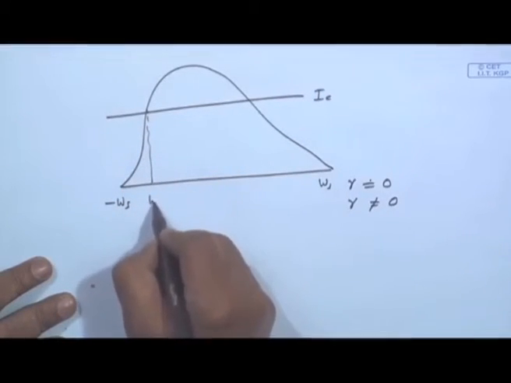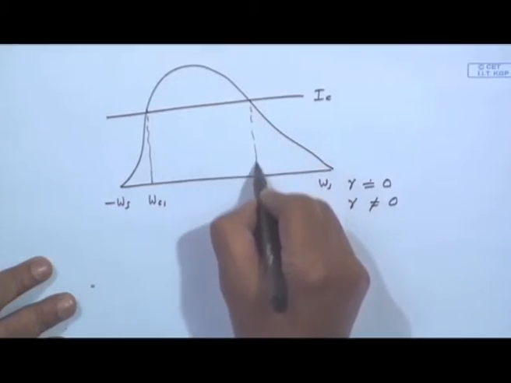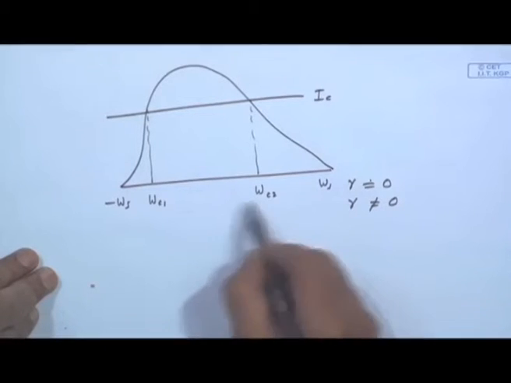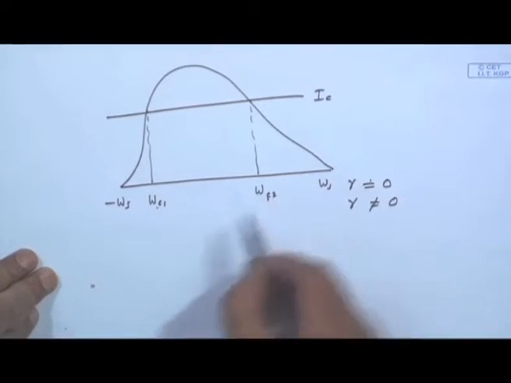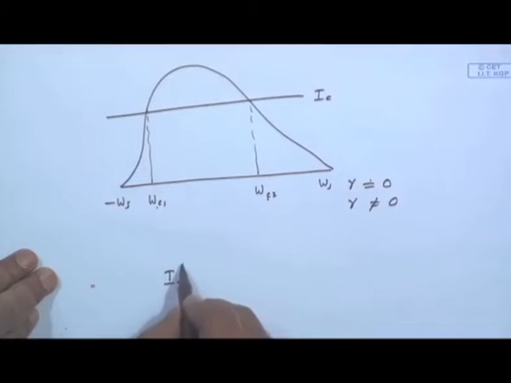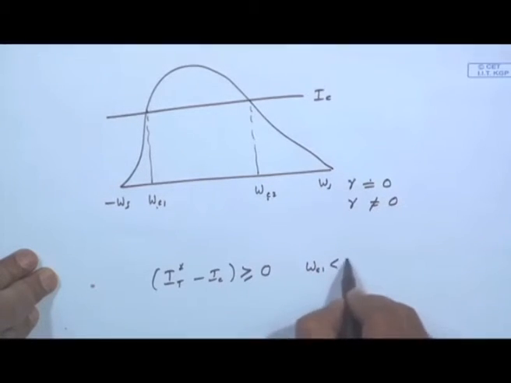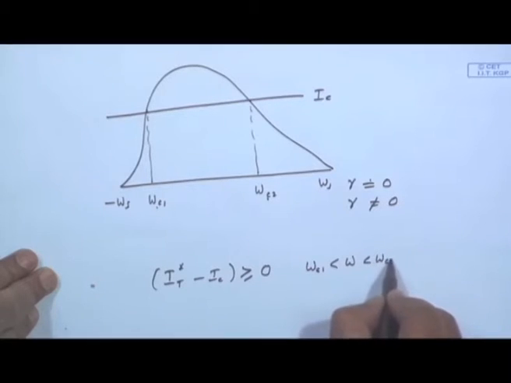So, this will be omega C1, omega C2. By choosing to integrate between omega C1 and omega C2, we do not worry about IT star minus IC, which is always greater than or equal to 0 for omega C1 less than omega C2.